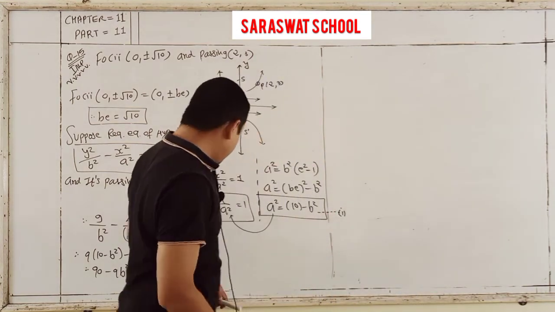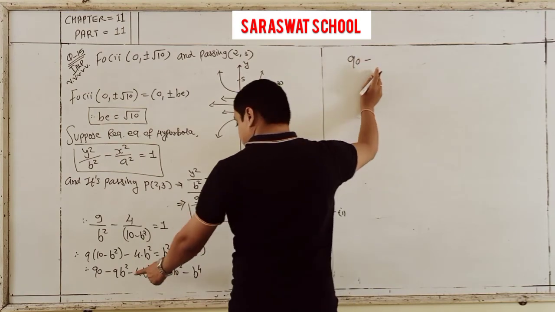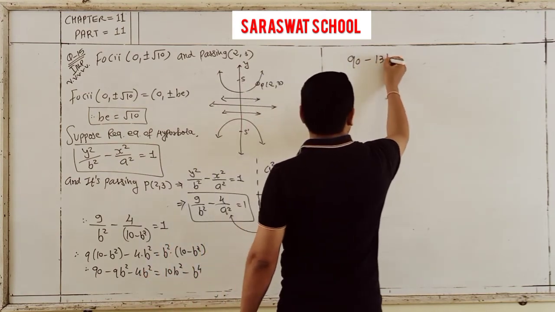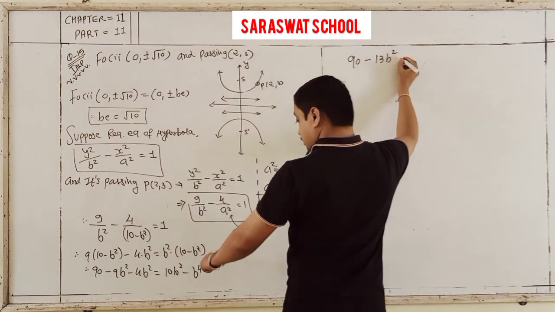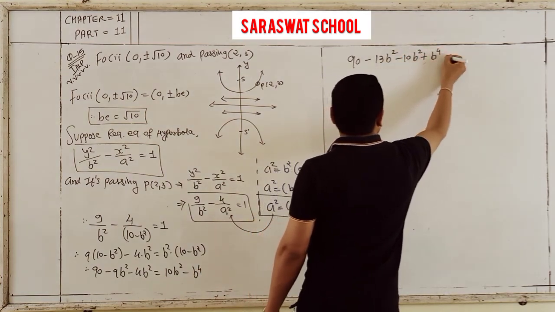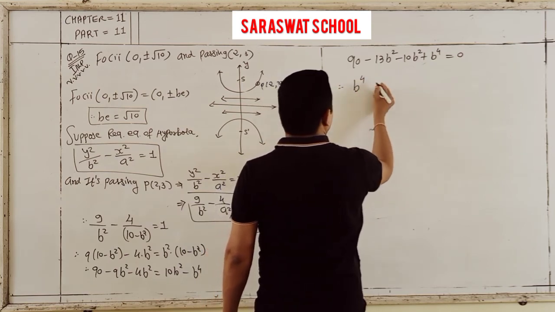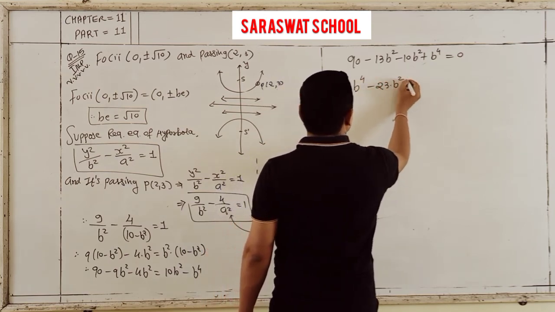So the parts: 90 minus 13b square, next minus 10b square plus b raised to 4. So b raised to 4 minus 23 b square plus 90.